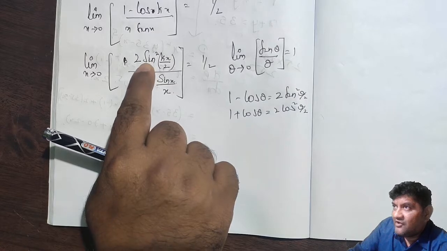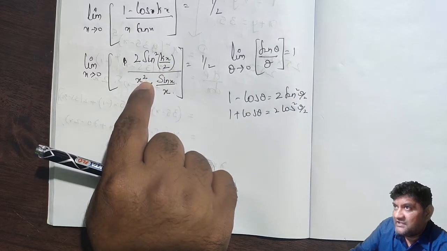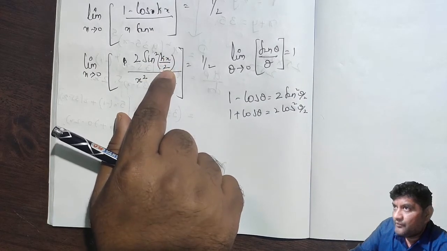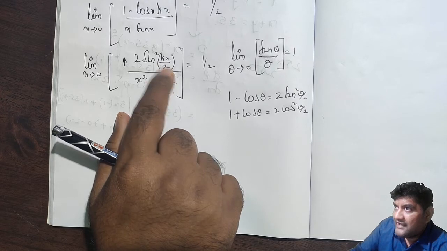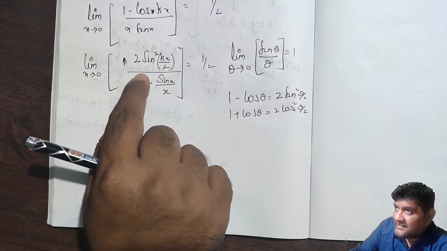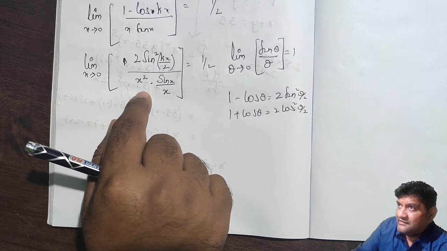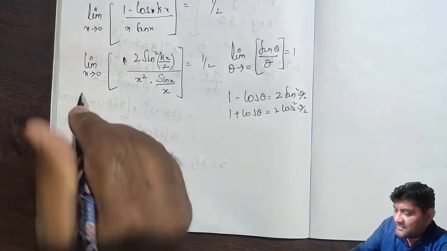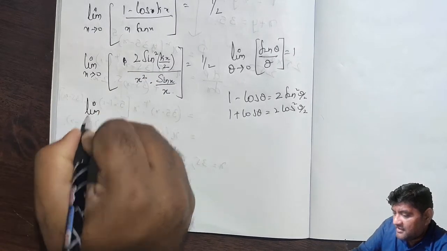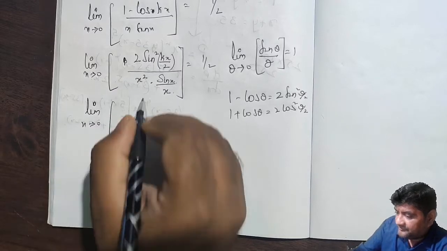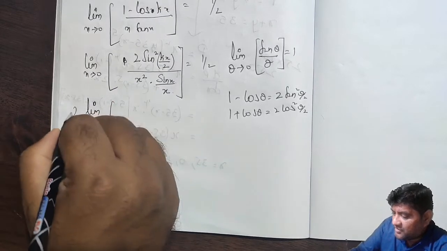Because here also I have sine theta by theta situation. But there is no k and there is no 2. And remember this is a square. So I need a k square and a 2 square. So I introduced k square and 2 square. And how am I going to do that? Well, let's take the 2 common out.